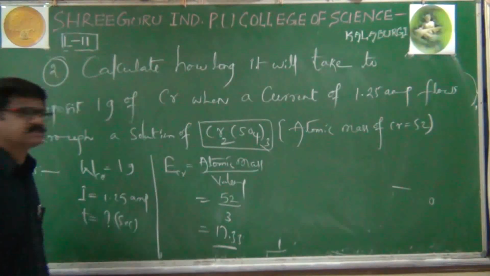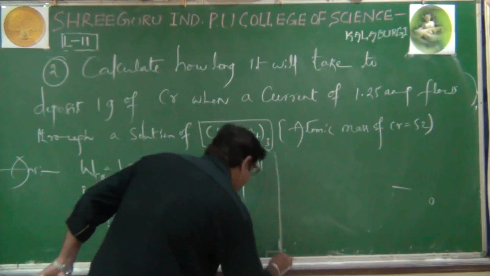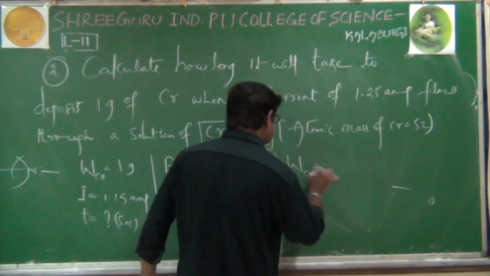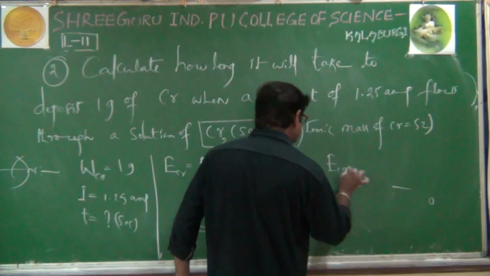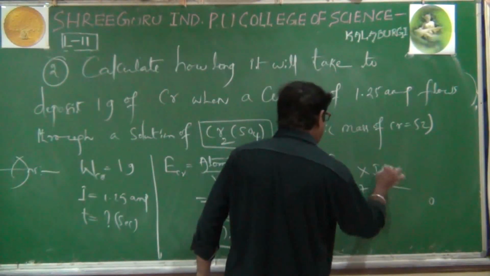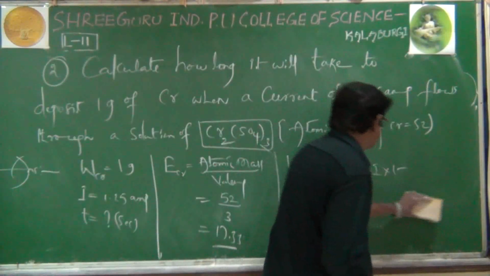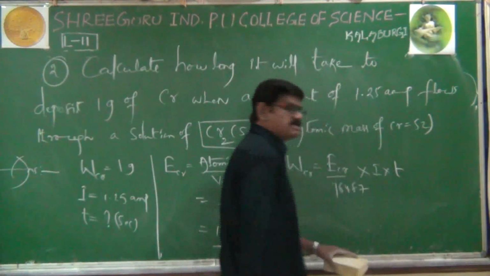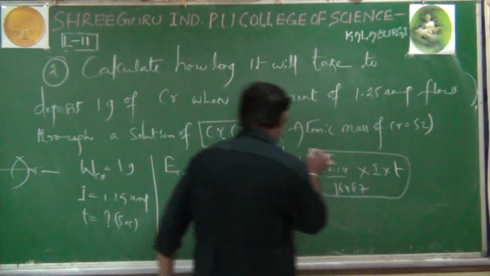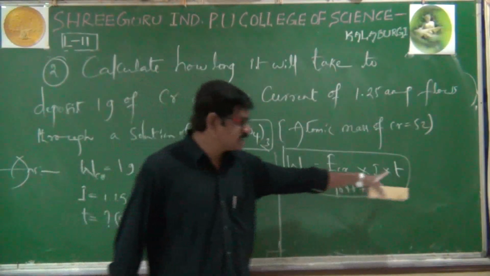This is the equivalent mass. Now we'll write our main formula. Mass of chromium is equal to equivalent mass of chromium divided by 96,487 into I into T. First we write our main formula as it is. Next we'll change it because he is asking for time.